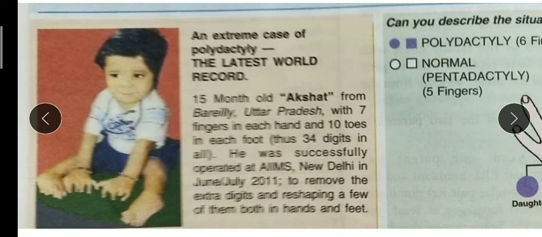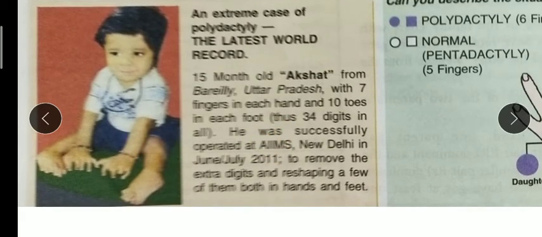He was successfully operated on at AIIMS hospital in New Delhi in 2011, and the doctors surgically removed the extra digits and reshaped his hand so that he can use it, because with a distorted hand it is very difficult for a person to work. He could not hold things, or eat, or do many things.